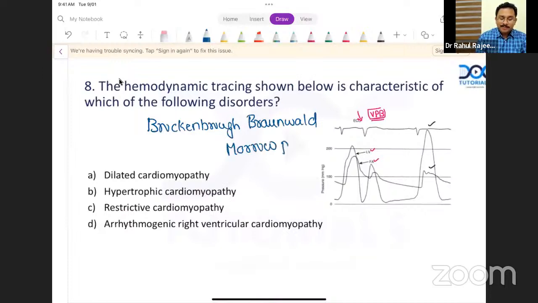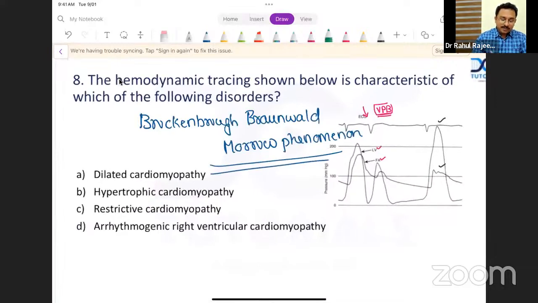Okay, a long name. This phenomenon is characteristic of hypertrophic cardiomyopathy, and it helps to distinguish a condition like hypertrophic cardiomyopathy, which has a dynamic left ventricular outflow tract obstruction, from a condition like aortic stenosis, wherein there is a fixed left ventricular outflow tract obstruction. So the answer is option B, and let us move to the next question.